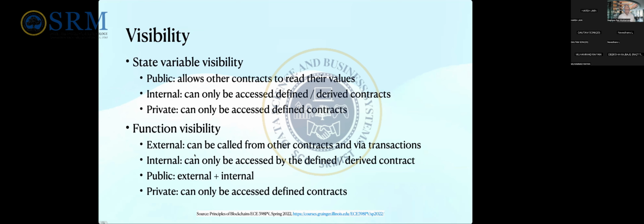Okay, wait for a few minutes. When I switch to the IDE, I can then also show you. External means any contract can call them, visible outside the contract. And public means both external and internal, so it can be called by any contract and also accessed locally. Private is as expected, so it can only be accessed by the defined contract. Only the other functions in the contract can use it, not outside. These are easy to understand.